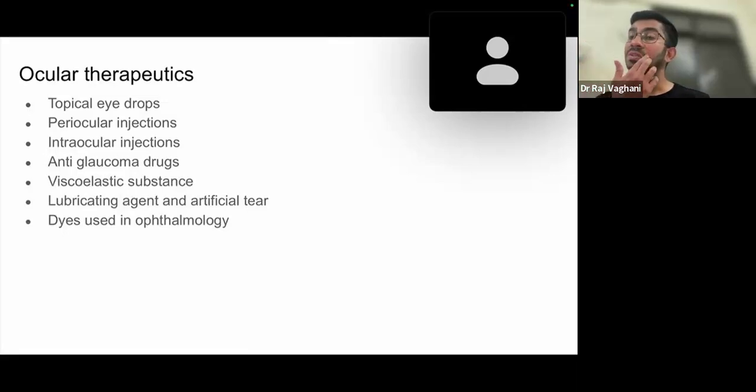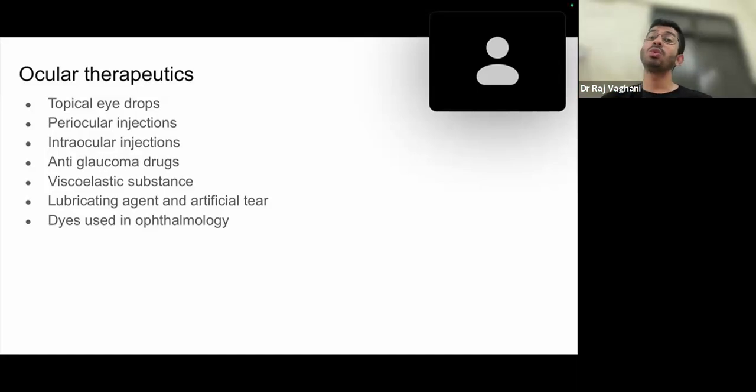Eye drops are very useful, very effective, and very commonly used in ophthalmology. The other modes of administration of these pharmacological drugs are periocular injections and intraocular injections. You can inject in the periphery of your eye or in your eye itself.